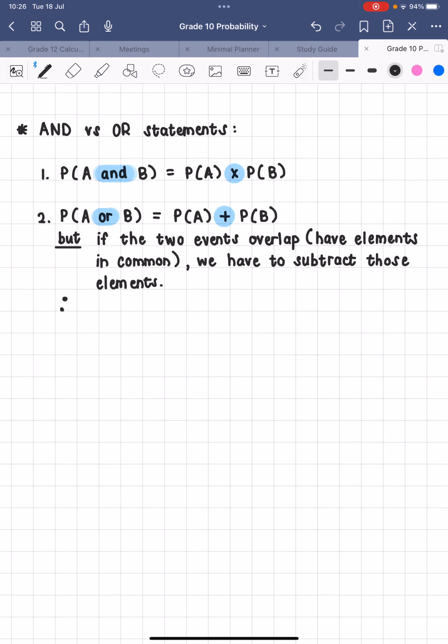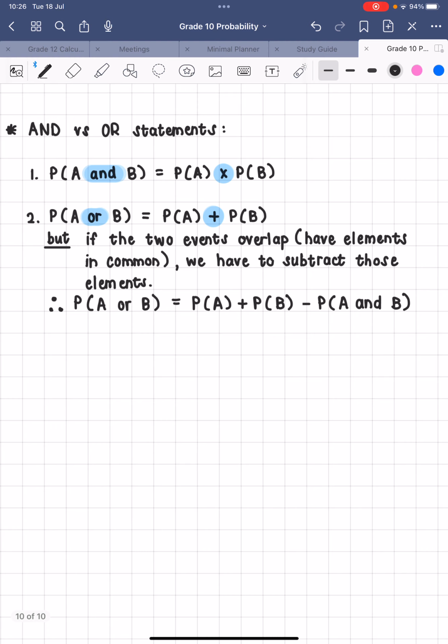So then our formula here is going to look slightly different, and like I said, I'll explain now with an example. The probability of A or B is then going to be the probability of A plus the probability of B minus the probability of A and B. We'll show you now where that comes from.